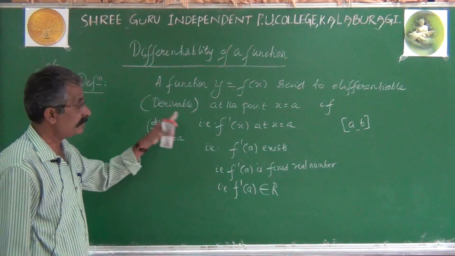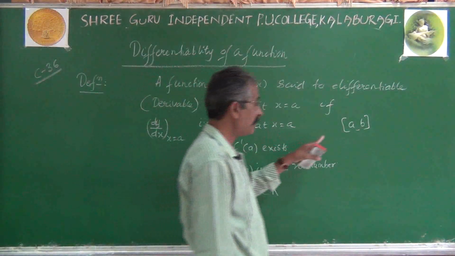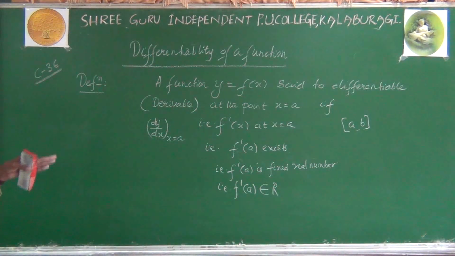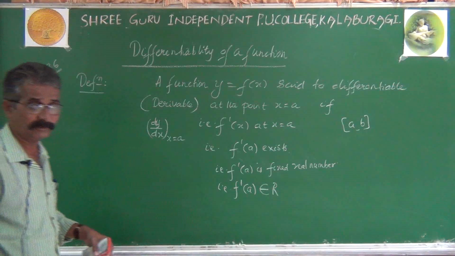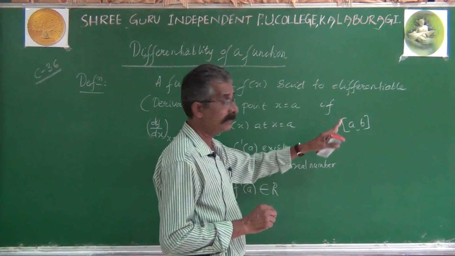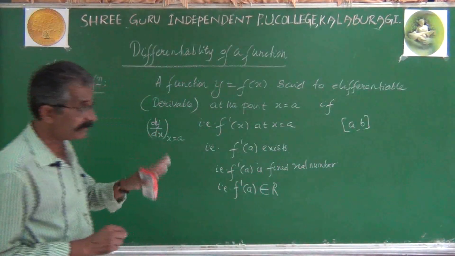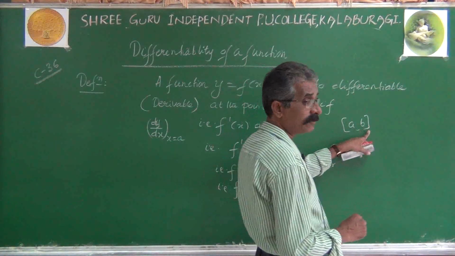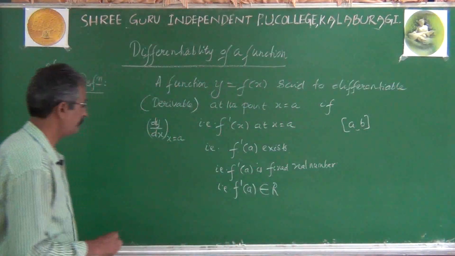If f dash of x becomes a real number, then we say that the function is differentiable on the interval a b. Now keep in mind, a function is said to be differentiable on interval a b, meaning f dash x exists for all x belonging to the interval. Alright, next.